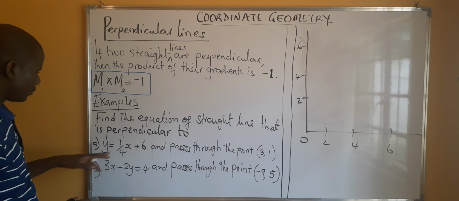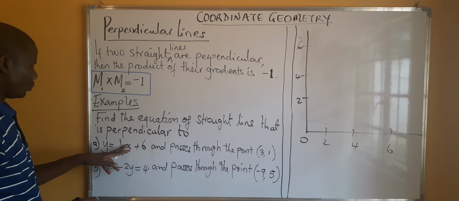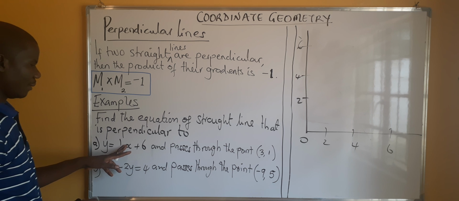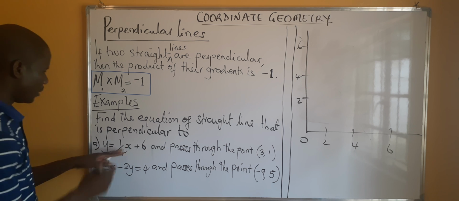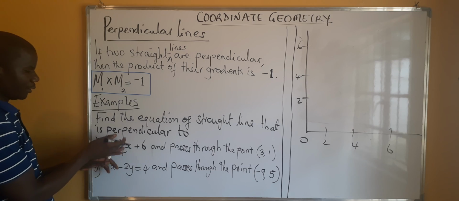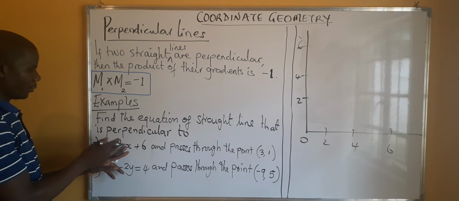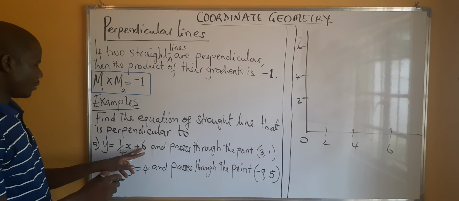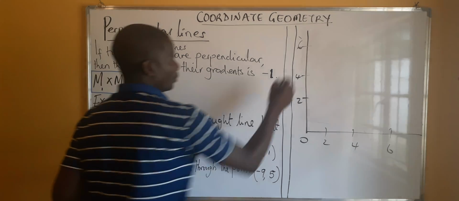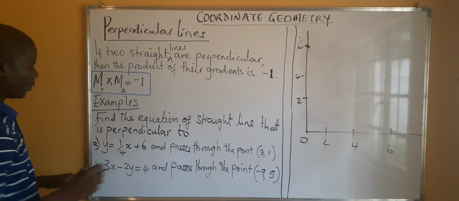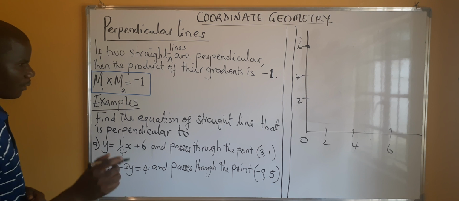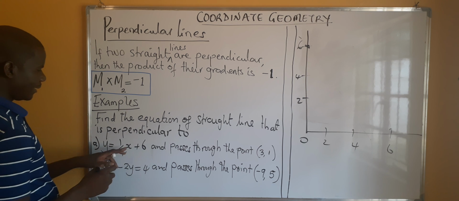Okay, we start with when x is equal to 0. When x is equal to 0, what will be y? y is going to be 6. So it will be this point here. That's the first coordinate. Then the second one is when x is equal to 4.